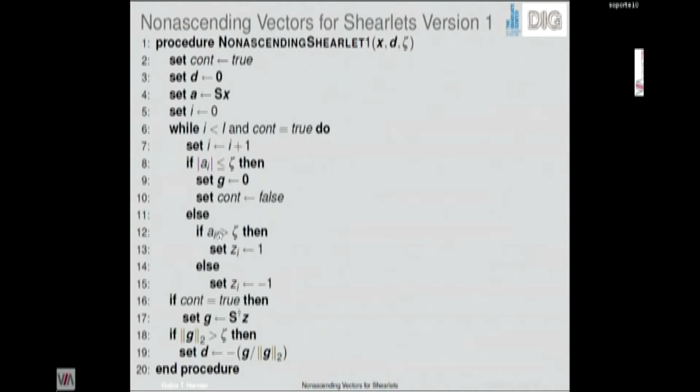And if A sub I is positive, then the partial derivative of the absolute value there is 1. And the absolute value function will have partial derivative minus 1 if what is in there is negative. So if the A sub I is greater than some theta, then I set the Z sub I to +1, otherwise I set it to -1.